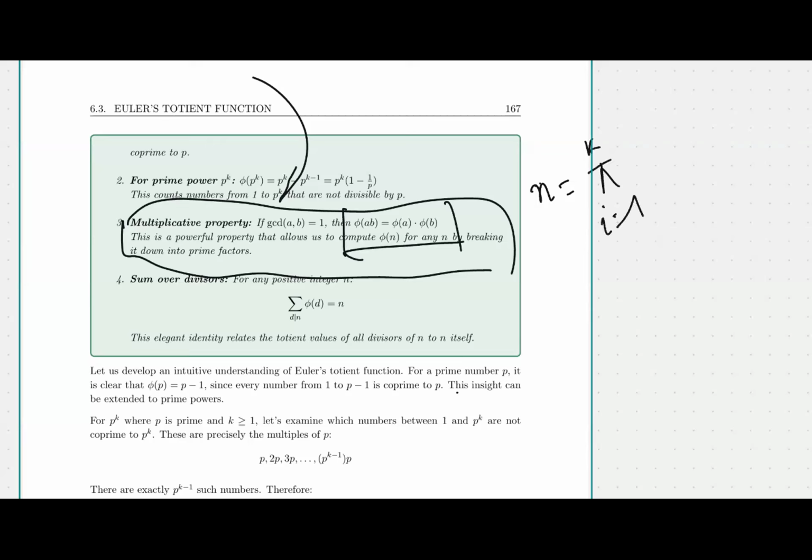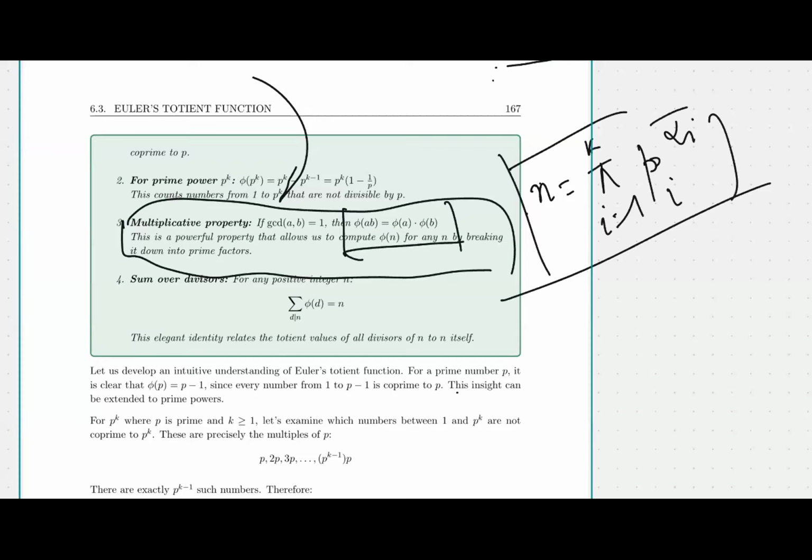So this is something that we should always use whenever we want to prove something in general about a composite number: decompose it into primes and then use the properties about prime to prove the property about the composite number.